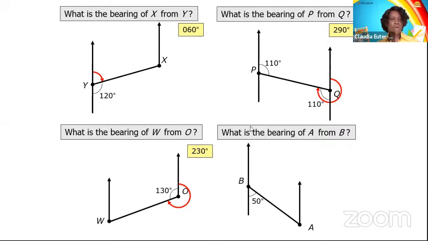DeAndre, you got 220 degrees. Could you explain or type in the chat how you got that answer, please? I'm seeing Shanice Williams with the subtracting of the 50 degrees from 180 degrees too. Okay, Shanice from YouTube. See you, girl.